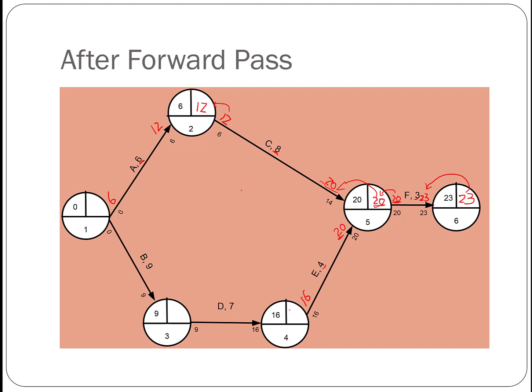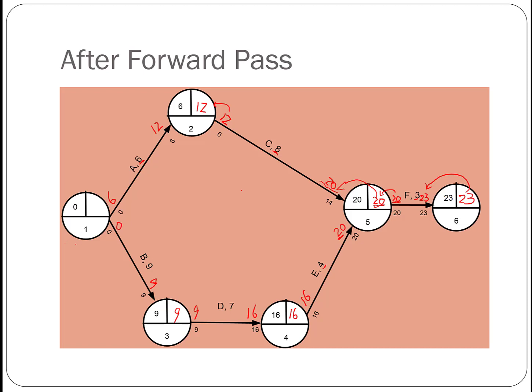And down here, 16 becomes the latest finish date of activity D as well. 16 subtract 7 gives us 9. And since we only have one activity here, 9 goes to the event's late time for node 3, which continues to go here. 9 subtract 9 is 0.